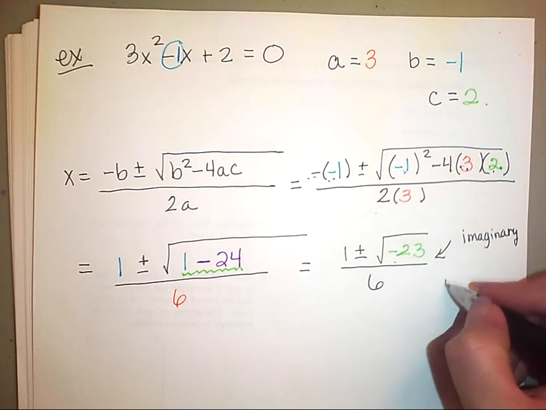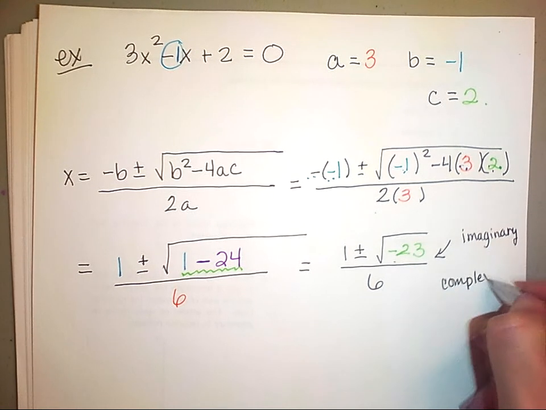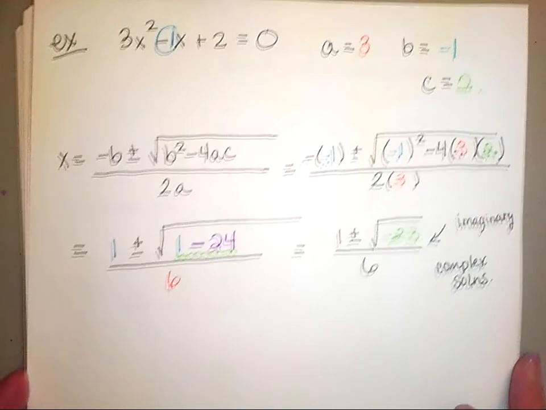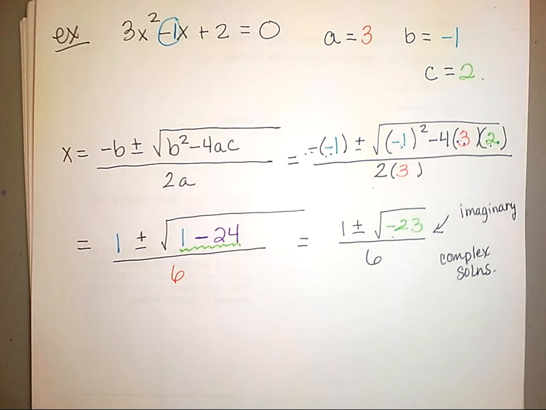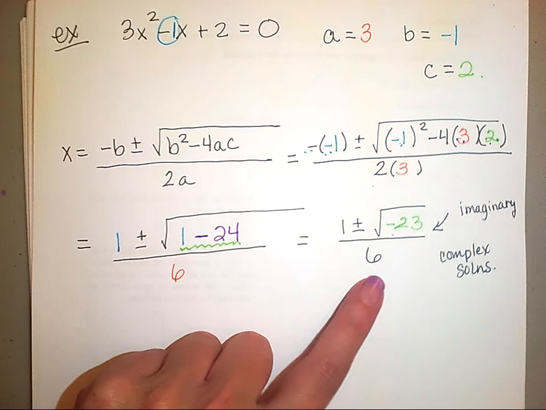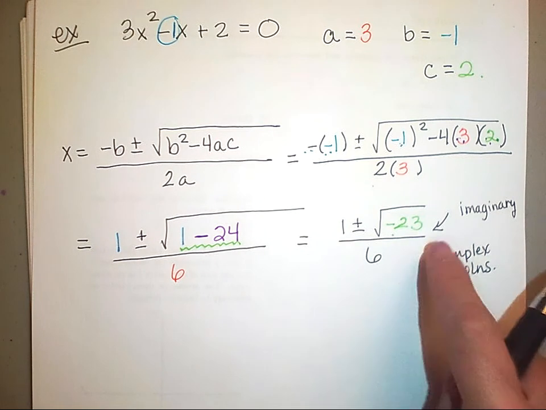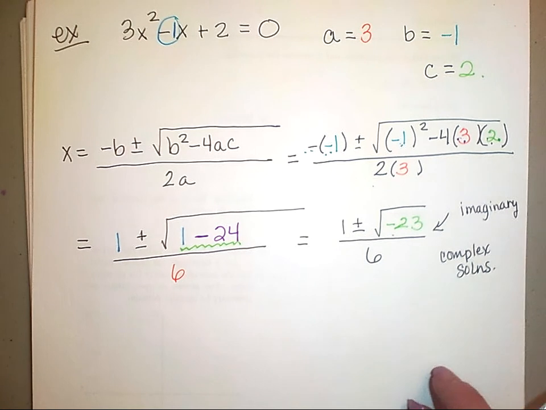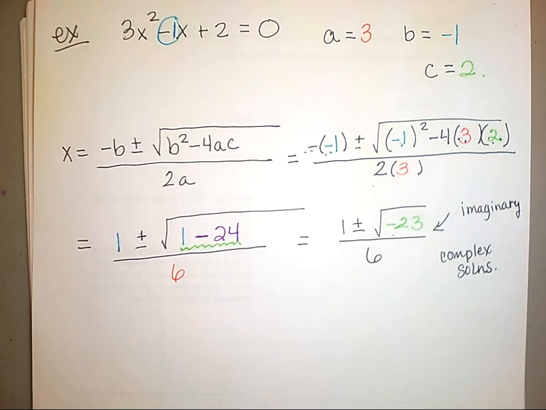That's an imaginary number, and we get complex solutions. So for right now, this is sufficient to leave your answer as, and just to know that this is going to become imaginary, which will also lead us to complex solutions. Imaginary numbers with the real numbers are complex. Okay, let's do the last one.